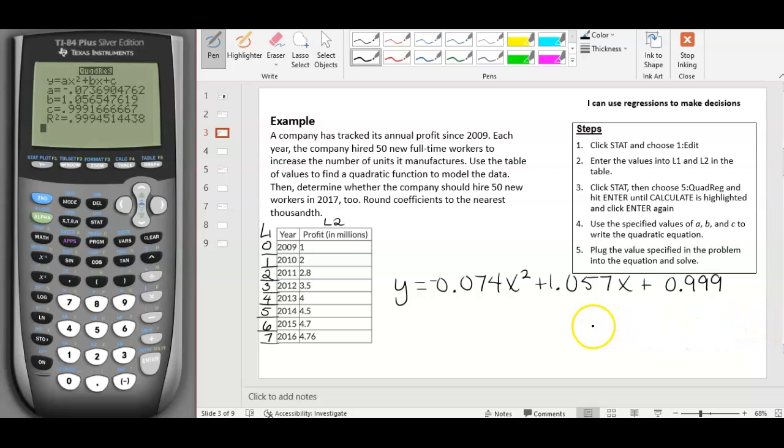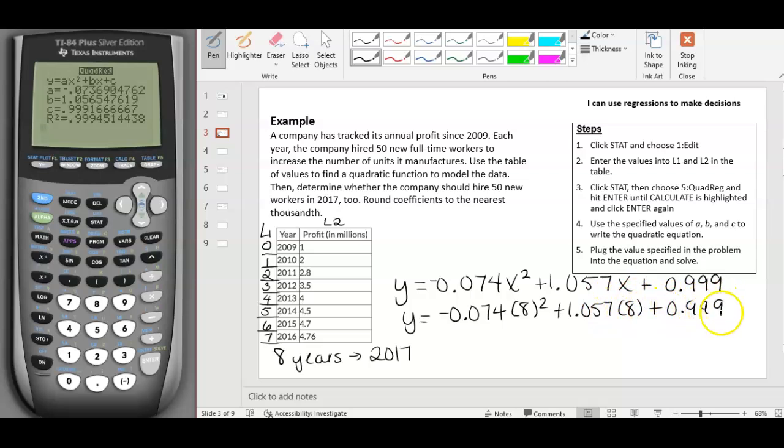And so it wants me to determine whether the company should continue with this in 2017. Okay, so 2017 is going to be 8 years after the start in 2009, right? So 8 years will be 2017. So I'm going to go to this equation and plug in 8 for x. So I have y equals negative 0.074 times 8 squared plus 1.057 times 8 plus 0.999.